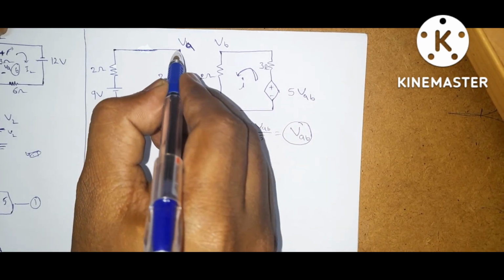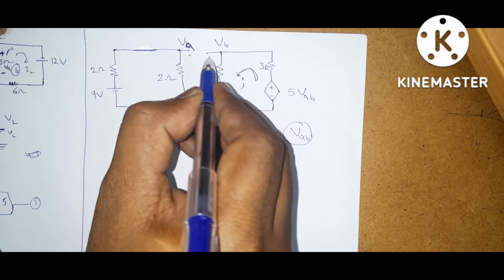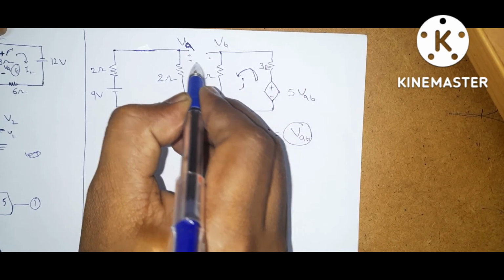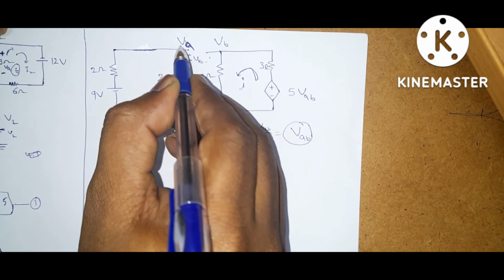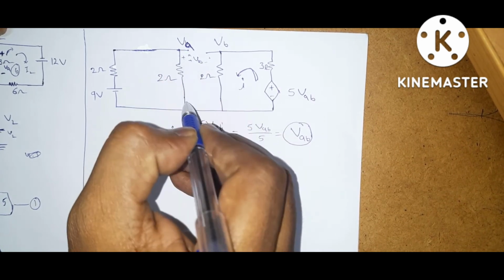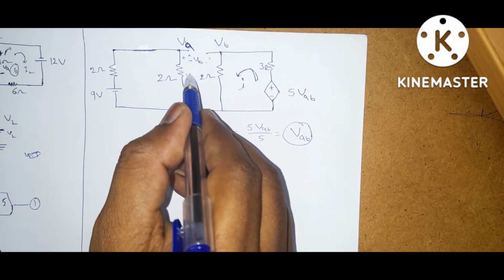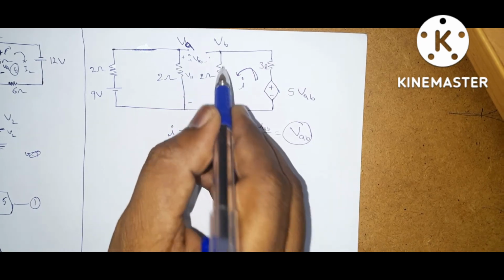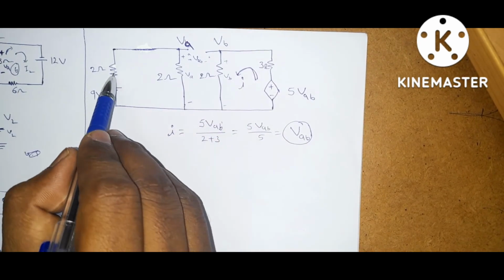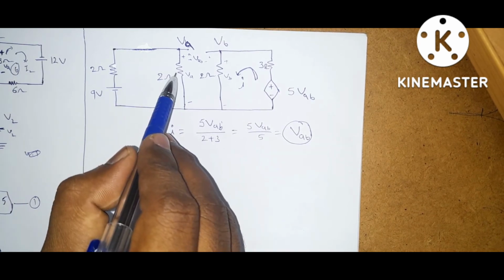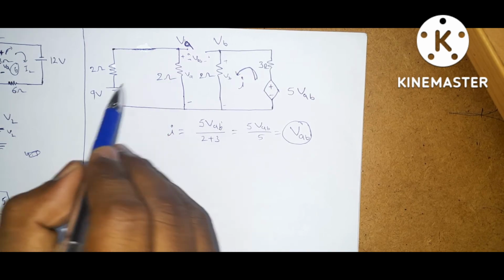VAB means this is node A and this is node B. So VAB is plus minus VAB. Here the node voltage is mentioned as VA. VA means from here to here. This is the reference node. From here to here, the node voltage is VA, this is plus. Here to here, this is plus, this is minus VB. Now, these two resistors are connected in series across a 9 volt source.